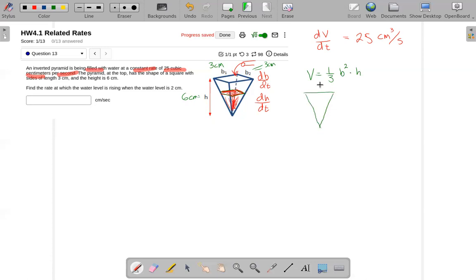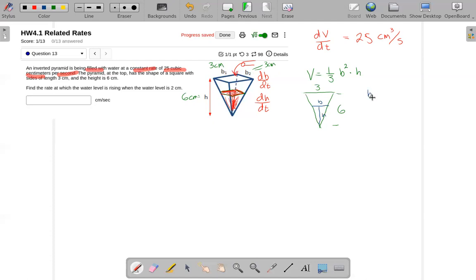And the big version is 3, and then the height from here to here is 3 by 6. And then at any particular time, we're going to have a smaller version of that. I'm just going to call that B, and then we'll call this H right here. And these are similar triangles.